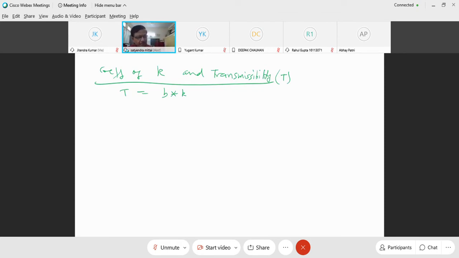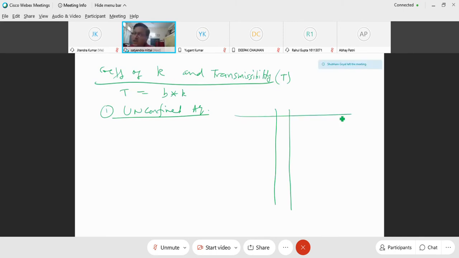Meanwhile, let us try to understand the pump out method through unconfined aquifer. So let me draw a figure. Let us say you make a well. This is the ground level.